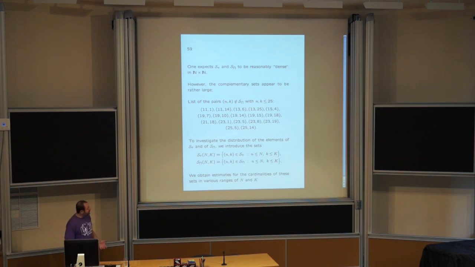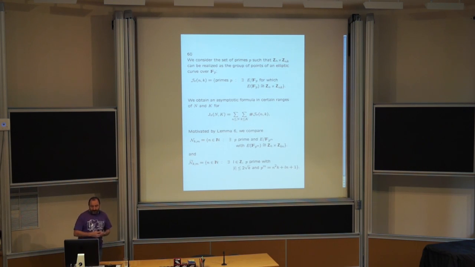Okay, so let's do some counting, and I introduce two more parameters, capital N and capital K. So I count pairs with this restriction. So I count the sets in a box, as we usually do. And I want to get some estimates on this. Now, I can count it in several directions.